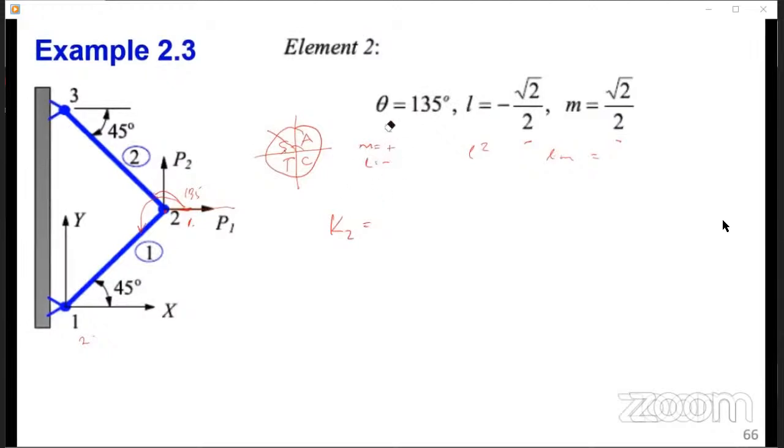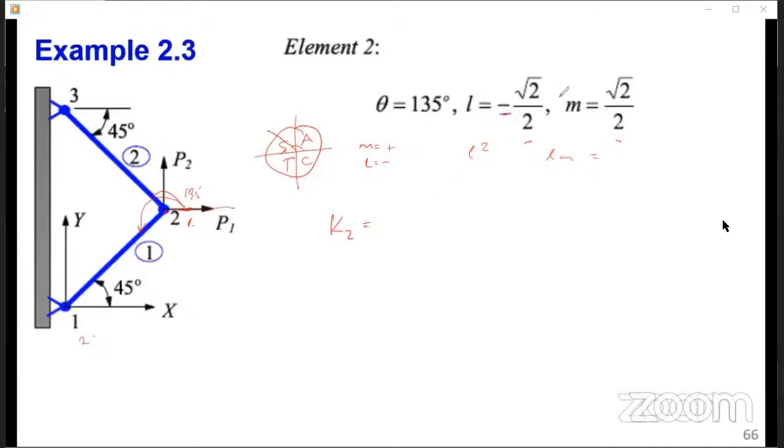Let me erase this part here. K is equal to L squared, LM, minus F. So you have the negative signs in the matrix itself, and now we have this negative sign here. So be very careful when you are doing the pre-multiplication.